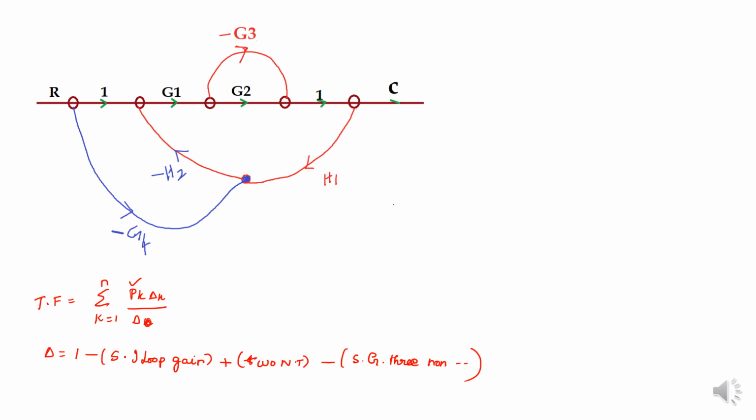From this block diagram, first of all we have to mark the number of forward paths. So this is the first forward path, and this is the second forward path. And next, this is the third forward path.